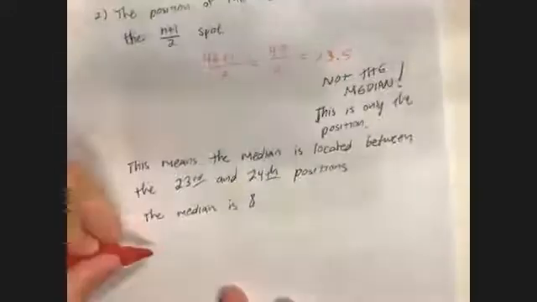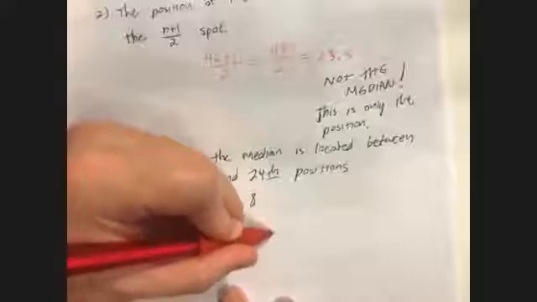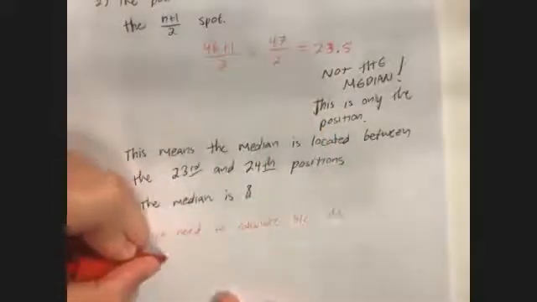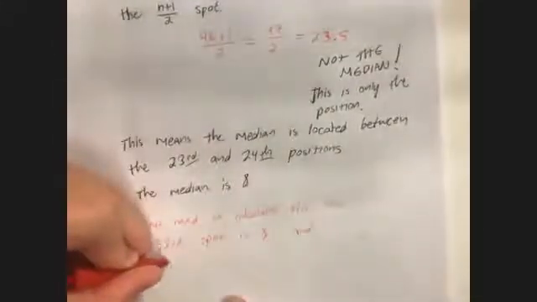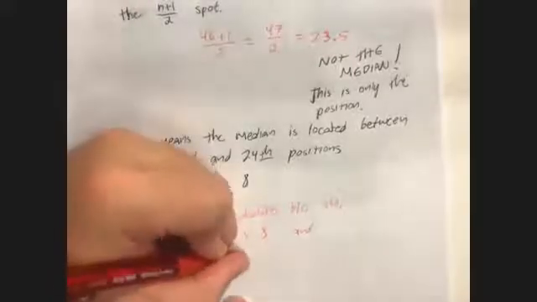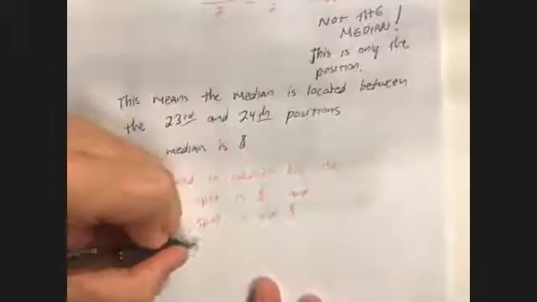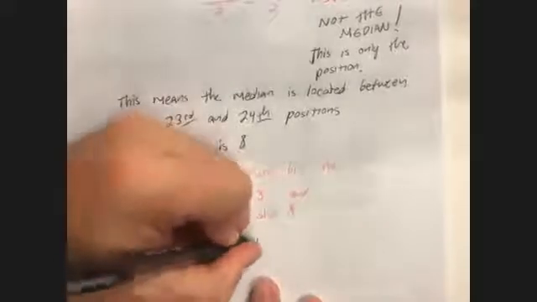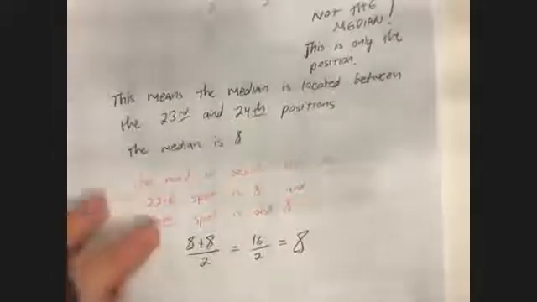No need to calculate, because the 23rd spot is 8, and the 24th spot is also 8. So that would be doing 8 plus 8 over 2, which is 16 over 2, which is just 8. So that's it. All right.